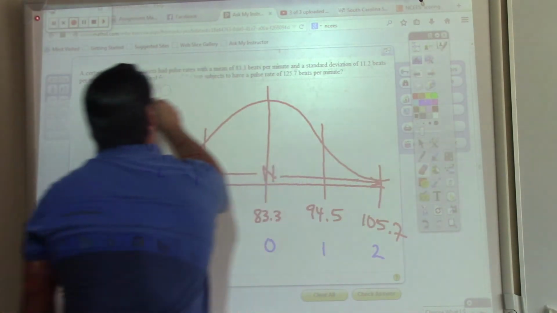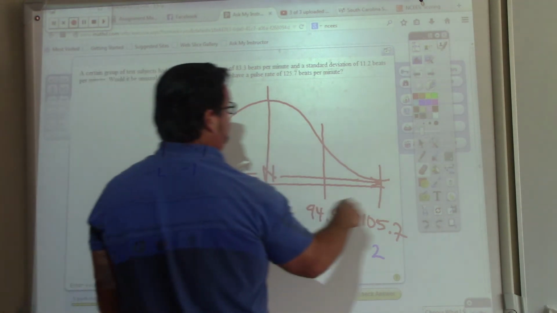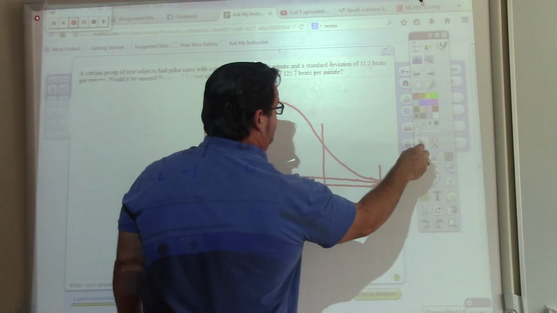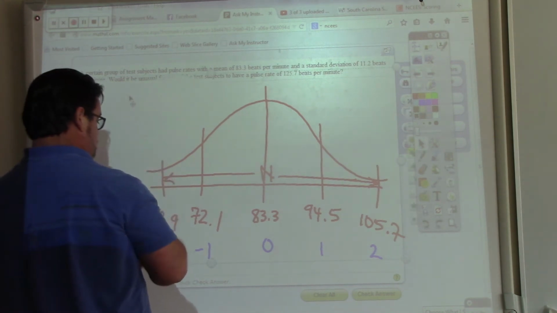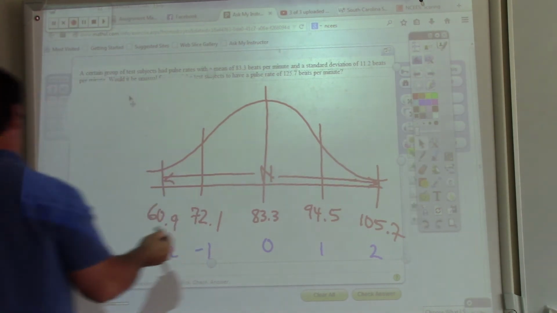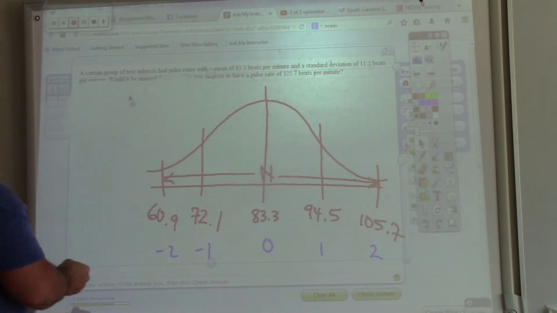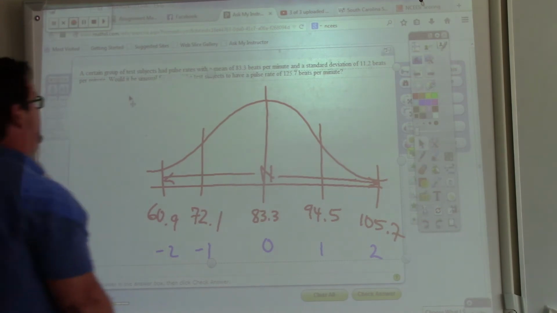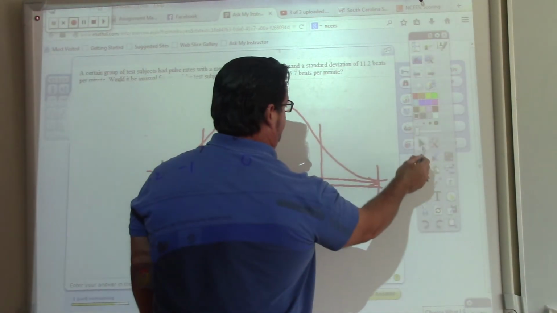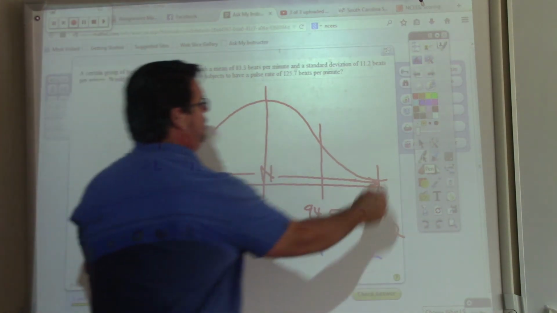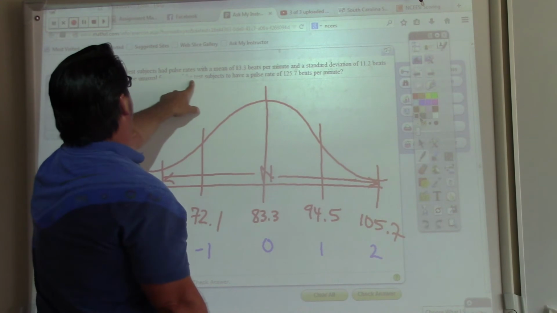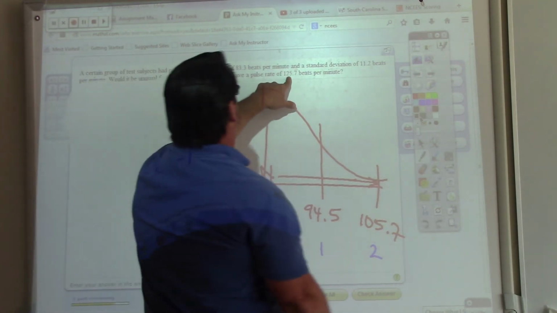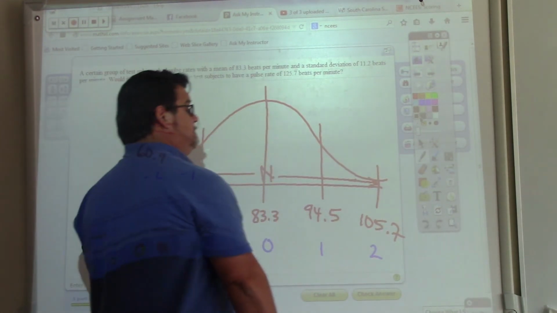Now, let's do this. I better not even try that, because it'll mess up. All right, let me get black back on here. There we go. Would it be unusual for one of the test subjects to have a pulse rate of 126?